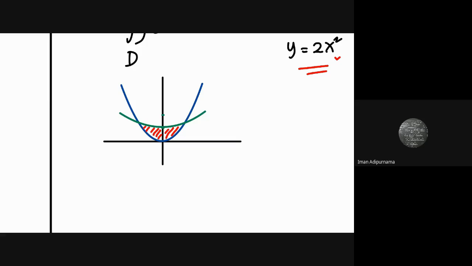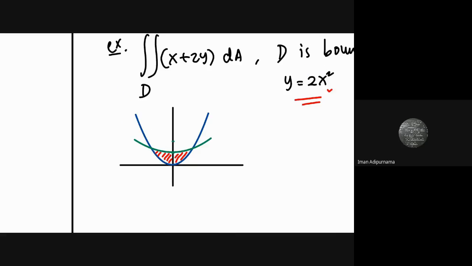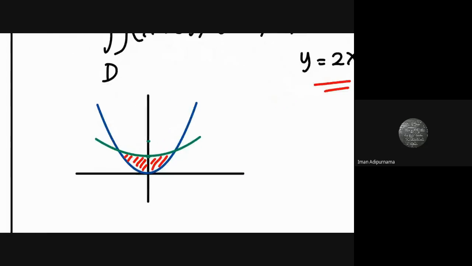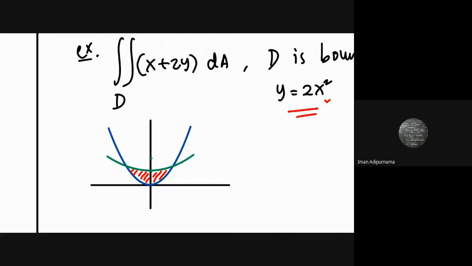It looks like we are solving something similar to what we have done in calculus 1, finding the area, right? But later, what we need to do is justify this area and then take the area to these equations here.